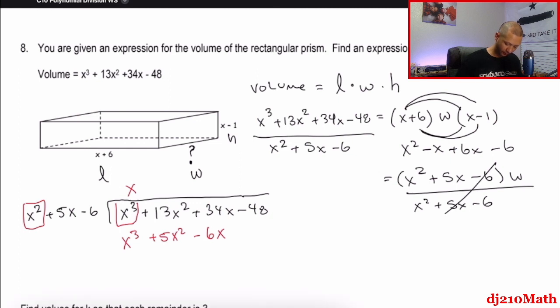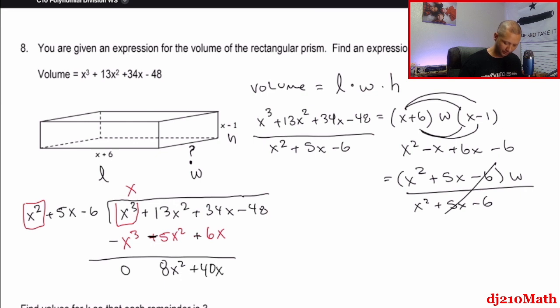When we flip the signs, this is going to be minus, plus, 0. Bringing down 8x squared and then 40x.